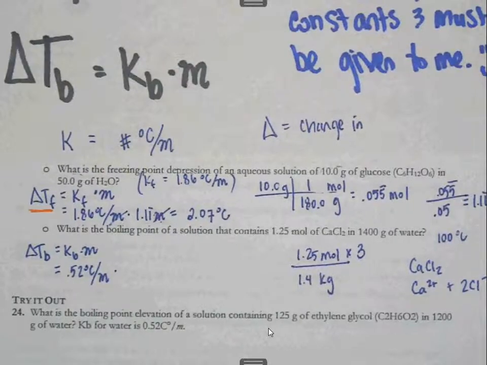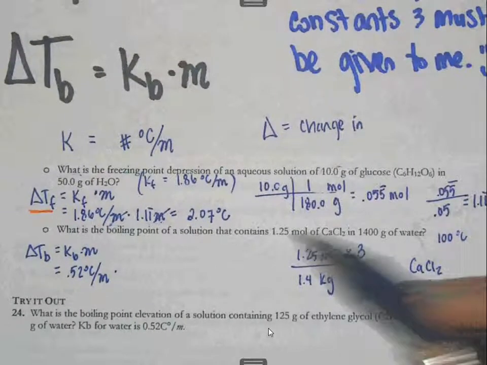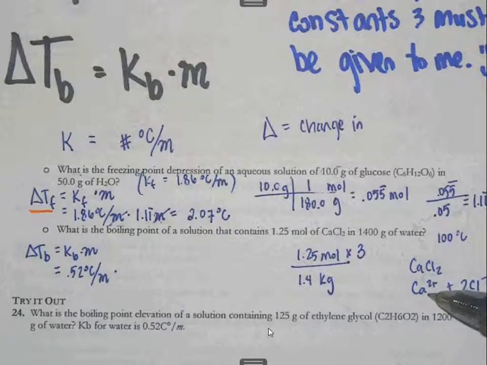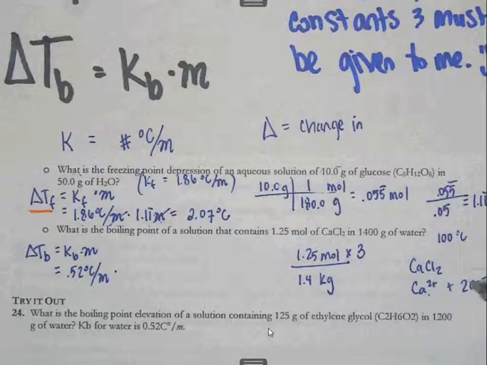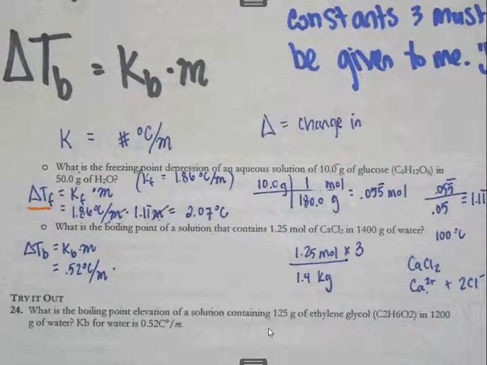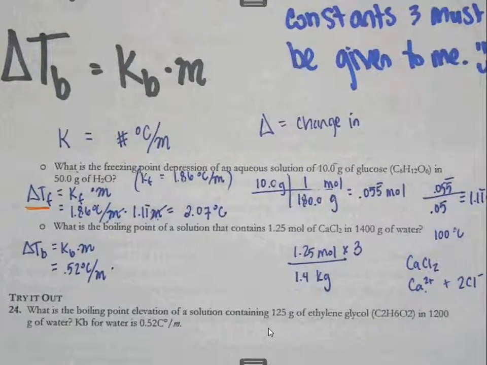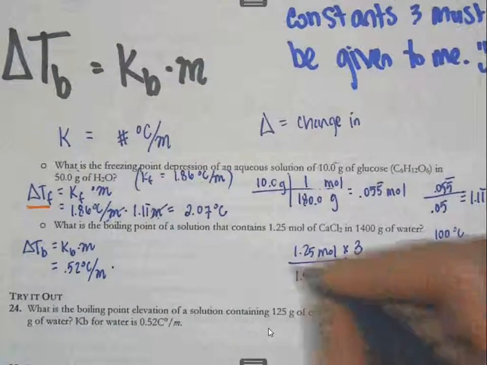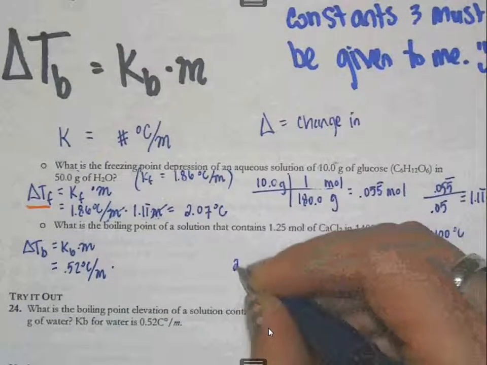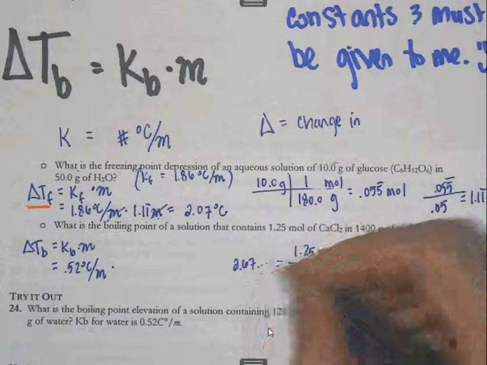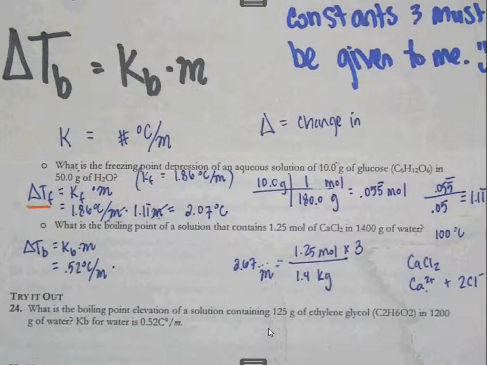Because it won't be 1.25 moles of CaCl2. It'll be 1.25 moles of Ca2+ and 1.25 moles of Cl minus and another 1.25 moles of the other Cl minus. There'll be a total of 3 times that. I'm going to divide that by 1.4 and I will get a molality of 2.67 and then some other digits.